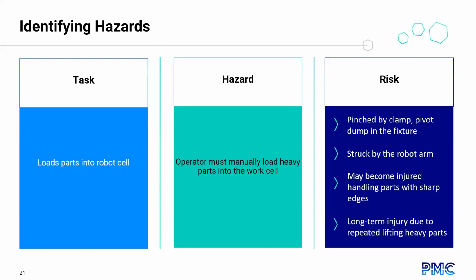If he loads parts into a turntable, he could be injured by the turntable movement. We also have listed here a long-term injury due to all the repeated lifting of heavy parts. On the next slides, we'll see other examples also involving a robotic cell.